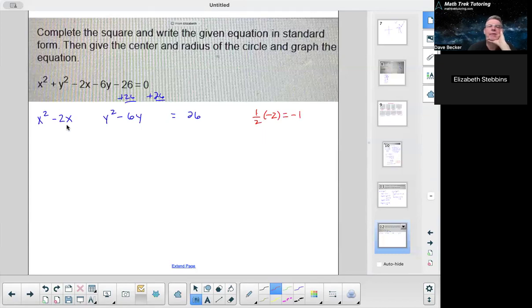So I take half of the coefficient of the x term, and then I square it. And that's what I add. What I add to one side, I have to add to the other. And then I do the same thing for the y.